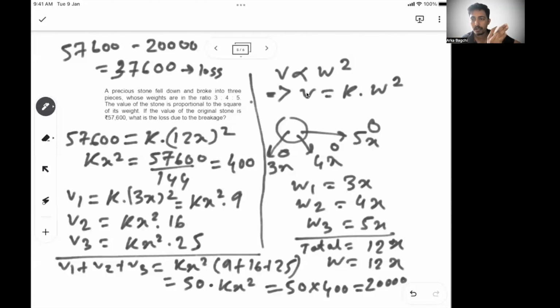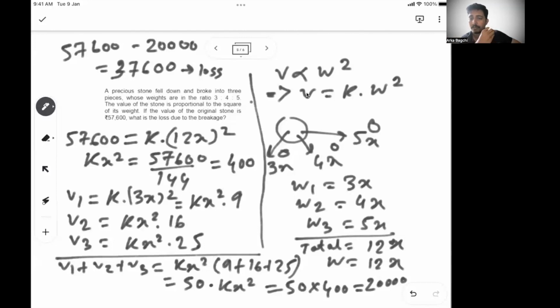We can calculate the value of each of the individual stones: K into (3x) square, K into (4x) square, K into (5x) square. So Kx square we know. Summing up all of that, the sum of the values of the three individual pieces is not more than 20,000.